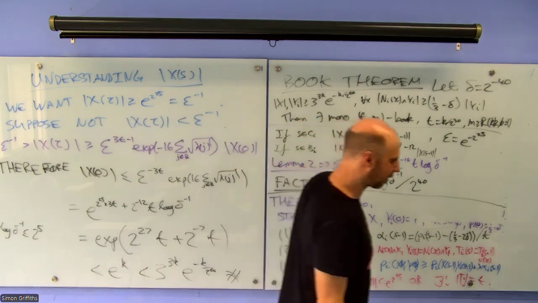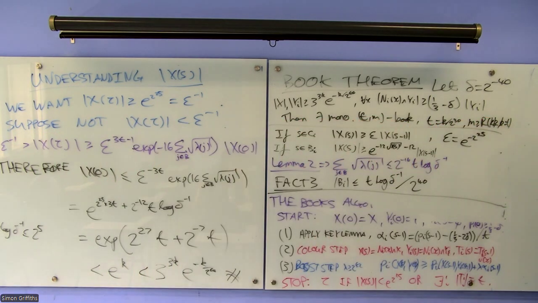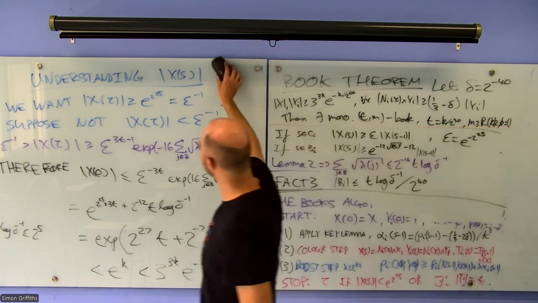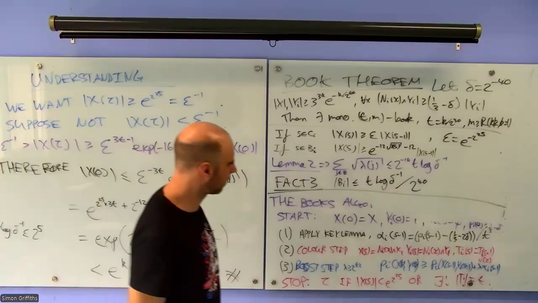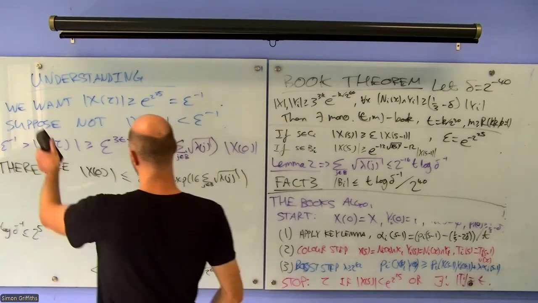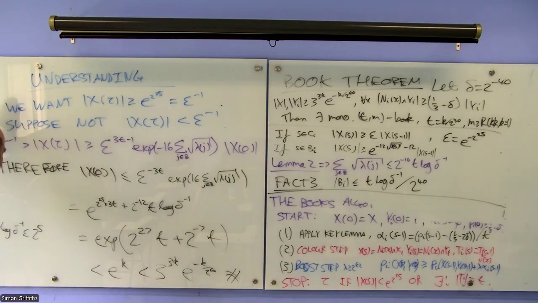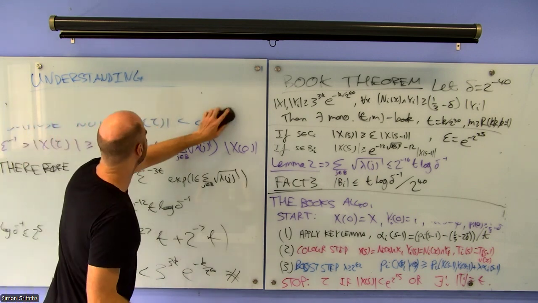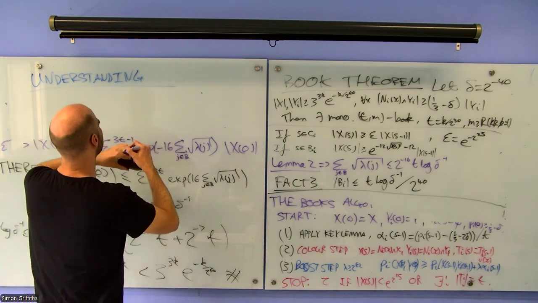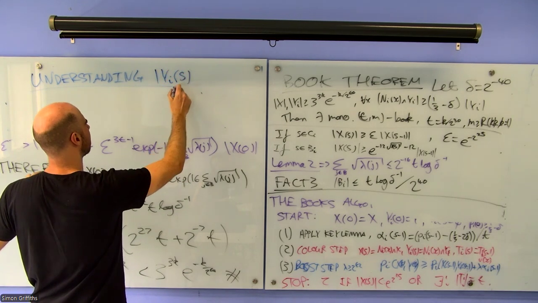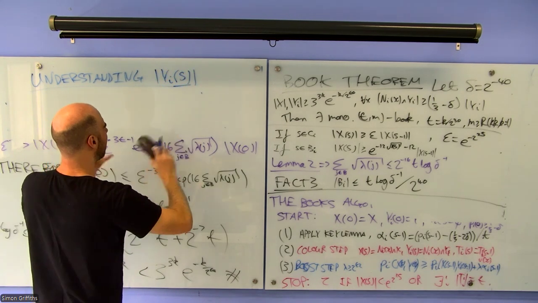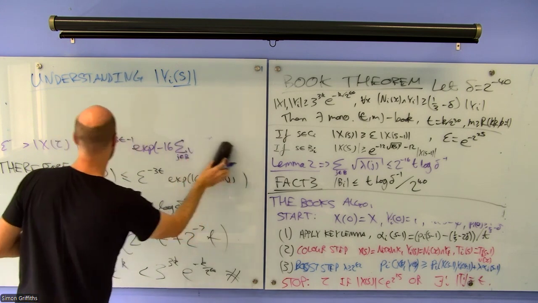So perhaps we can go to that part now, which will be understanding the y's. I guess I should get rid of all of this. Understanding the y's, and in particular, y at the end.